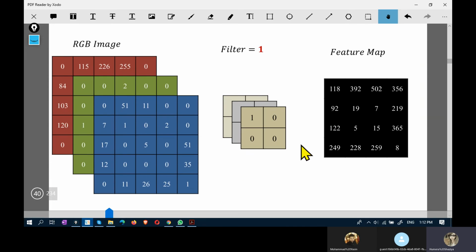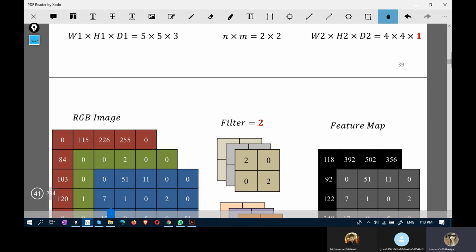And look at this, when it is a black and white image, there is a single feature map. For RGB image, you get 3 feature maps, because every feature map, when combined with the other 2 feature maps, means red combined with green and blue, blue combined with red and green, gives the pixel value.